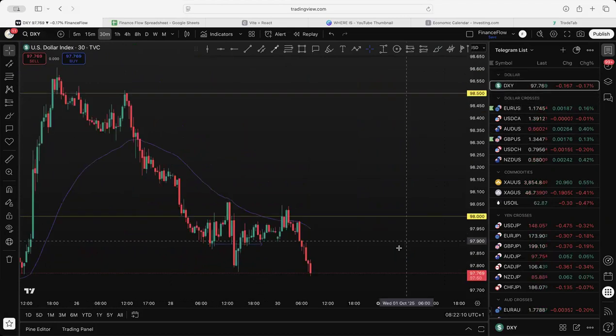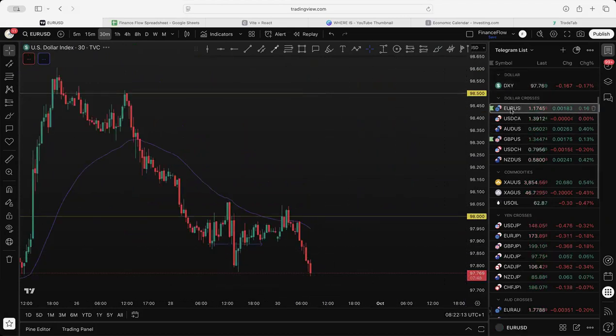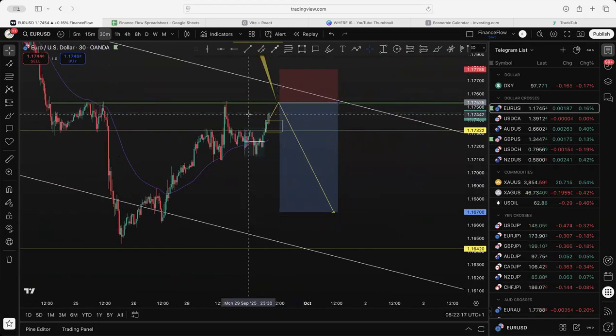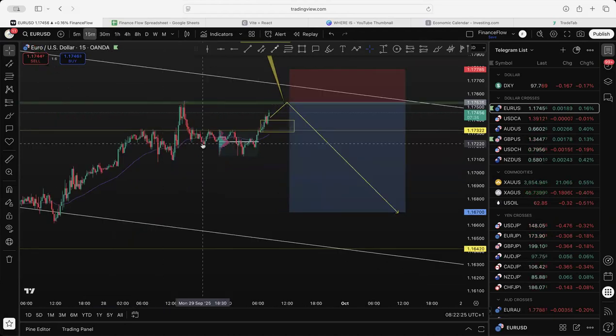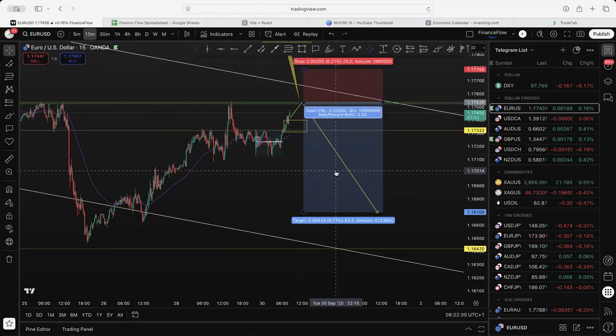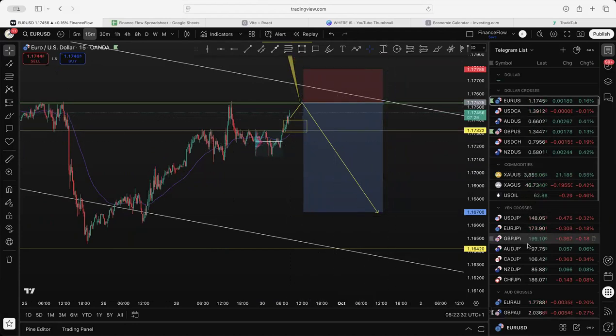However, I am fully aware that if the dollar continues, then these are just going to fly. And then Euro too, this would be what I'd be looking for here. If we just blast straight through, I'd probably start looking at it on the 15 minute, and we're not going to be happy with that.